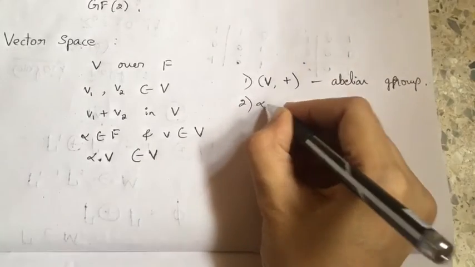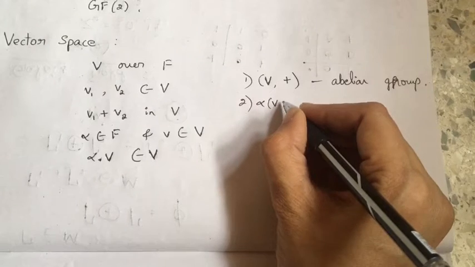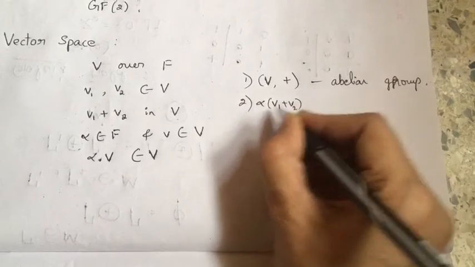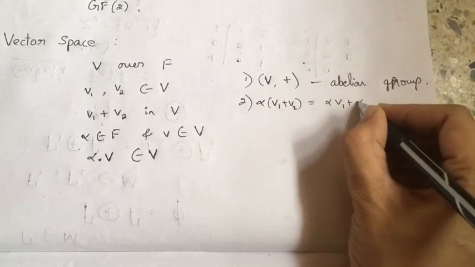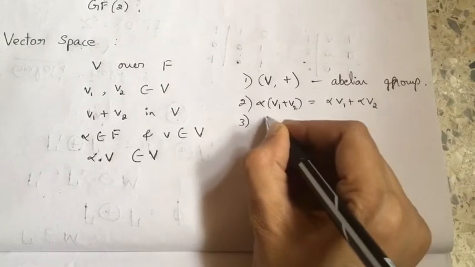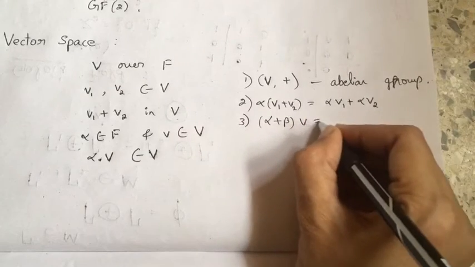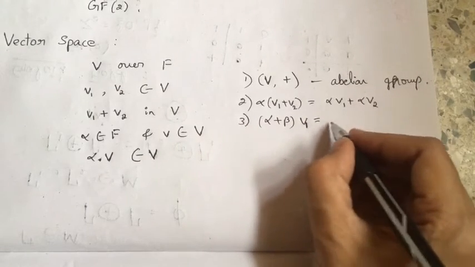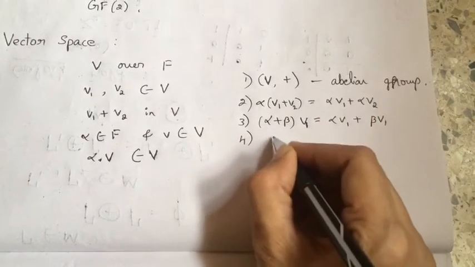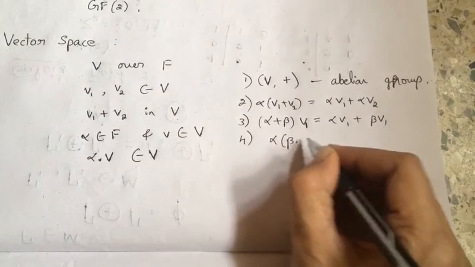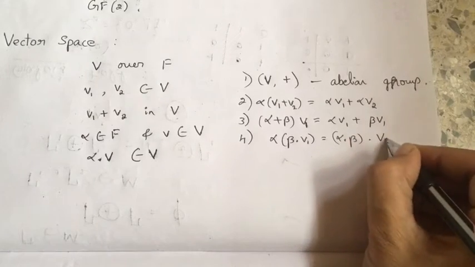And if I take alpha in field F, and v1 and v2 as vectors, then alpha into v1 plus v2 is alpha v1 plus alpha v2. And if I take alpha and beta in field F, then alpha plus beta into v1 is alpha v1 plus beta v1, and alpha into beta into v1 is nothing but alpha beta into v1.